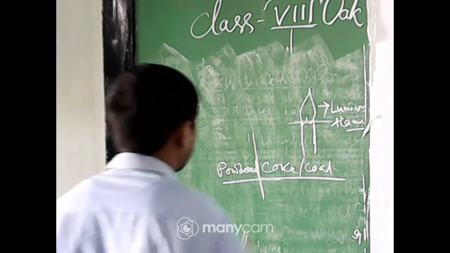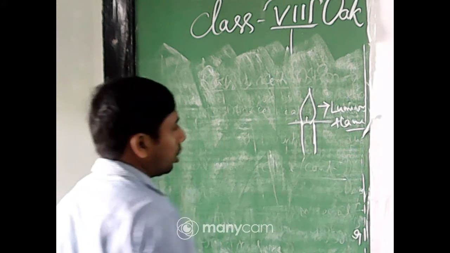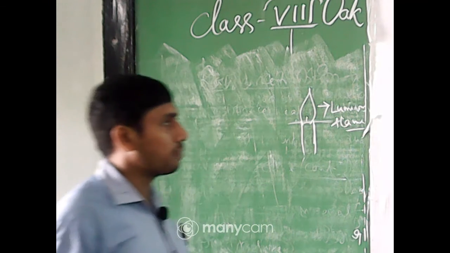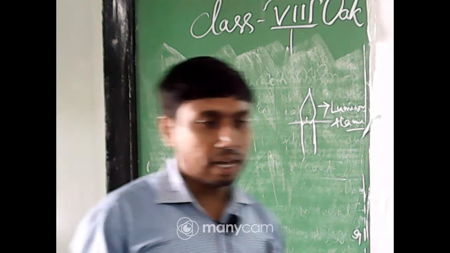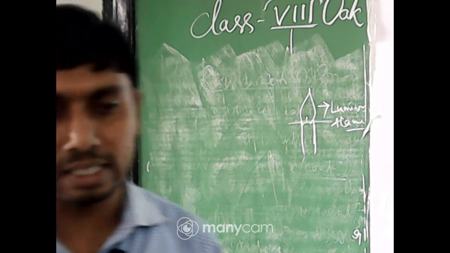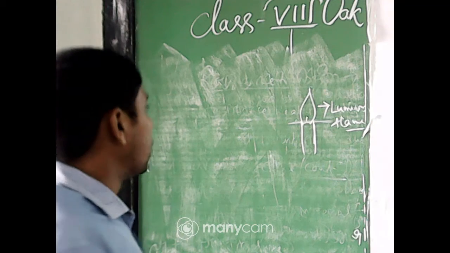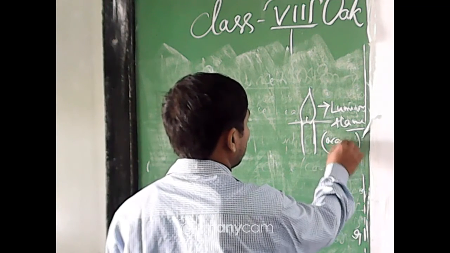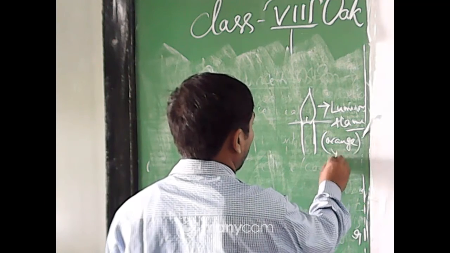I have drawn here one flame, the structure of a flame. This is called a luminous flame. When the flame of a candle is burning in a glowing sense, it is called luminous, and the color of the flame is orange or yellow.